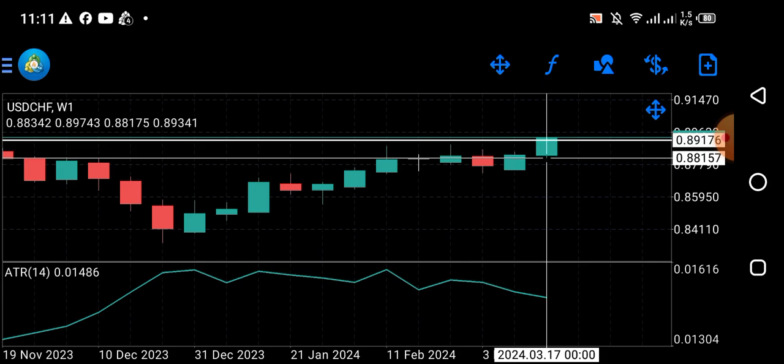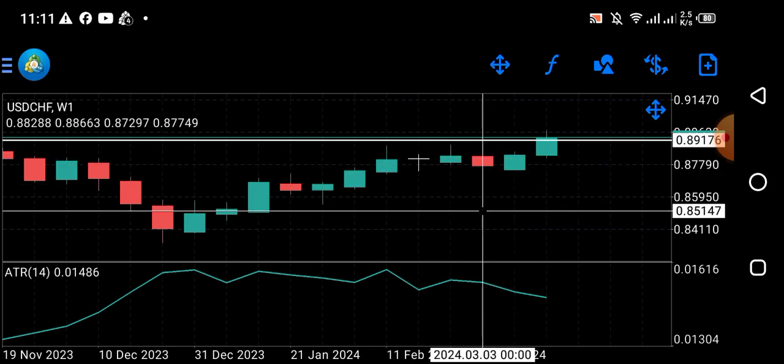That should be 157 pips. Yeah, 157 pips. And you can see that the average true range value is 148. So it has already delivered above the average true range value for the week.